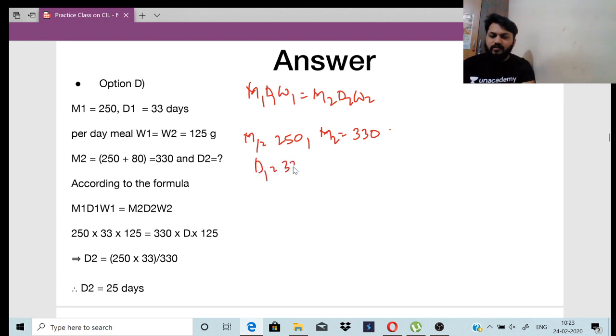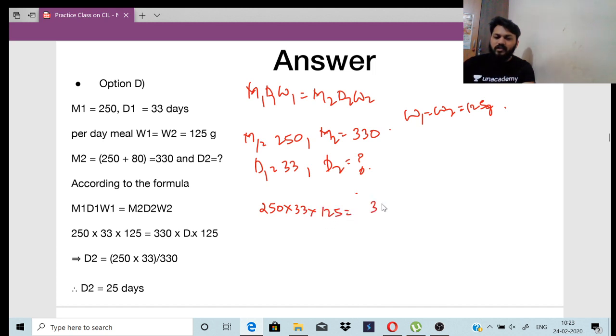D1 is 33. D2 I don't know. And W1 is equal to W2 is equal to 125 gram. So substitute: 250 into 33 into 125 is equal to 330 into D2 into 125.